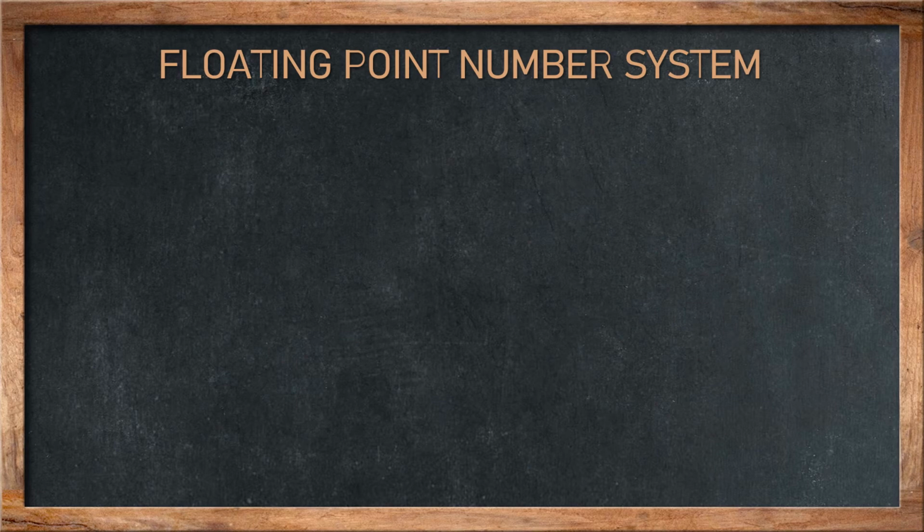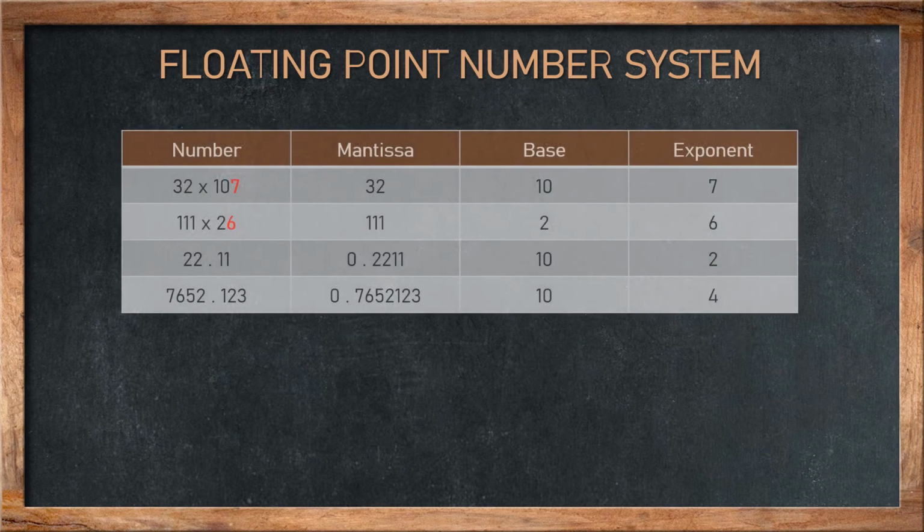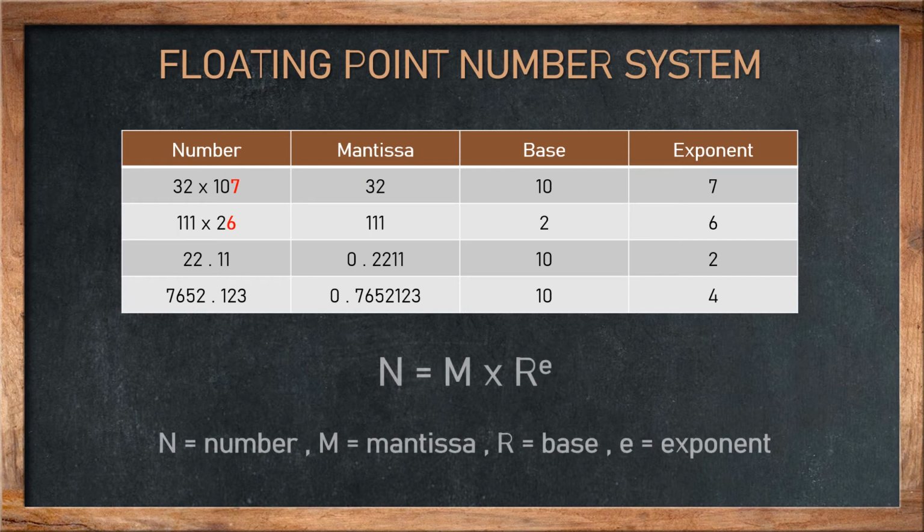Okay, so now we know about the mantissa, and also we know about the floating point. And we also know what the standard format is. The standard format is always to write the number in the format of scientific notation, right? So here we have mentioned our original number.